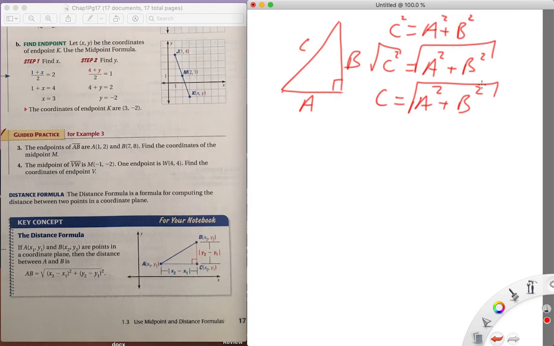So let's say I had some coordinates, right? And let's say that on my A side here, this guy was x1, y1. And let's say this guy over here was x2, y2.